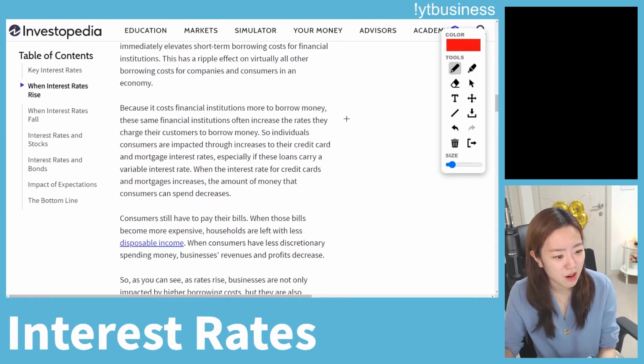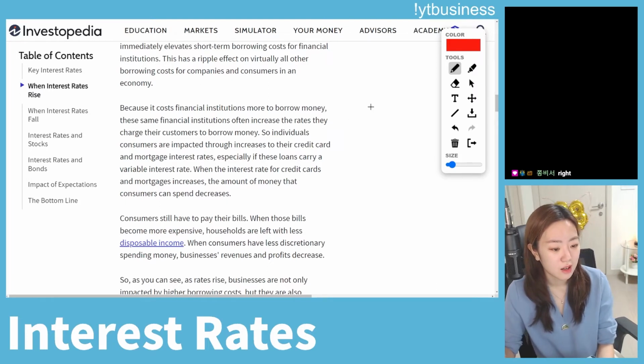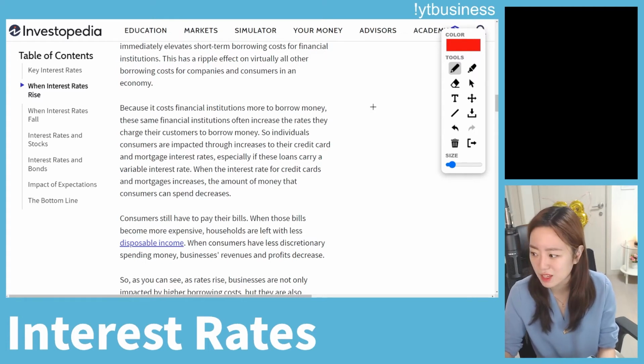So individual consumers are impacted through the increase to their credit card and mortgage rates, especially if these loans carry a variable interest rate. When the interest rate for credit card and mortgage increases, the amount of money that consumers can spend is less. So you want a higher interest rate, but it still would feel like you're spending that much money.